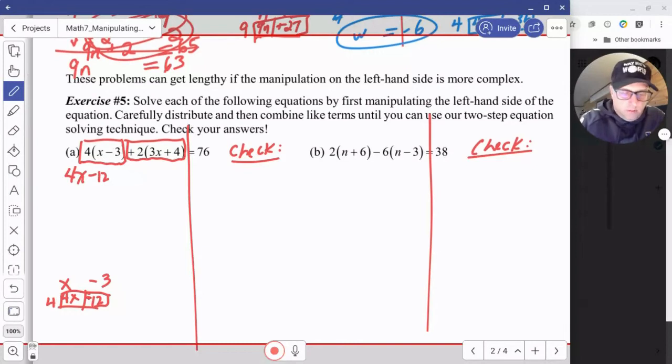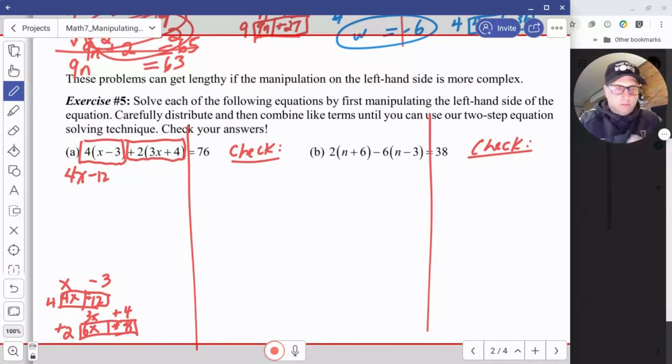We got more: positive 2 times the quantity 3x plus 4. 2 times 3x is 6x, and positive 2 times positive 4 is positive 8.